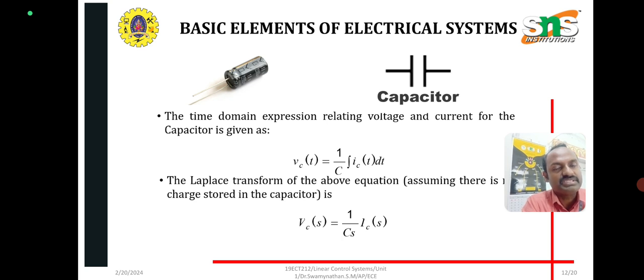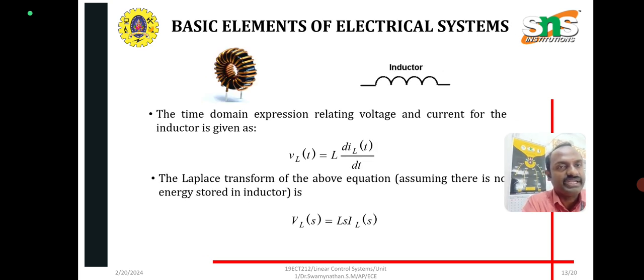For the basic element capacitor, if the capacitor is given, then we need to find the voltage: Vc of t is equal to 1 by C into the integral of Ic of t dt. Again, substitute the Laplace transform, the t domain is converted into the s domain. Next, the same for the inductor: L into di of t divided by dt.